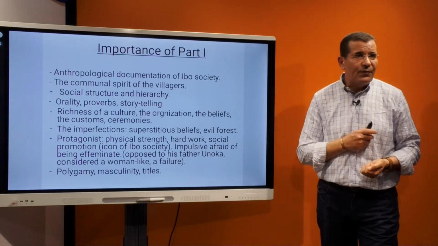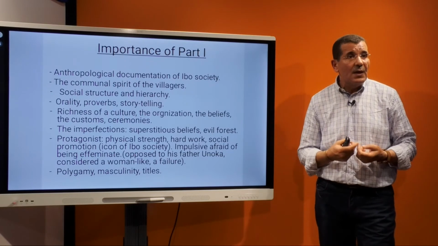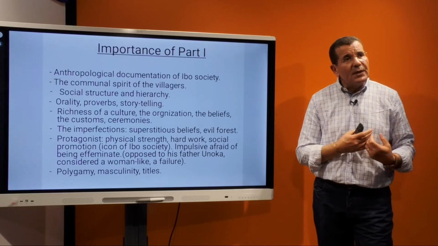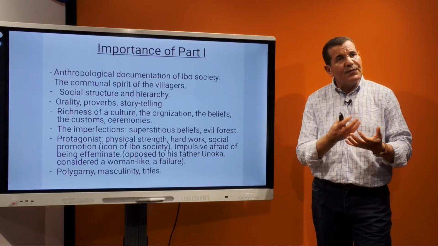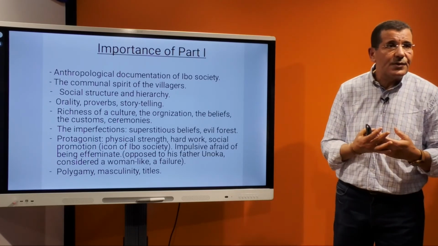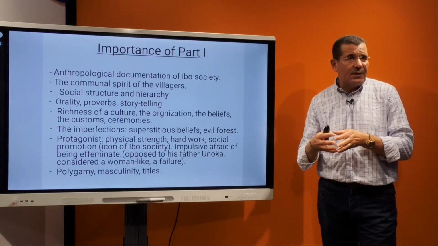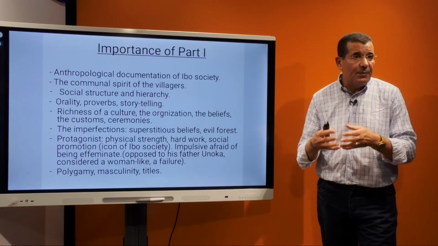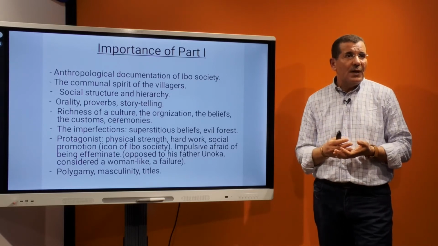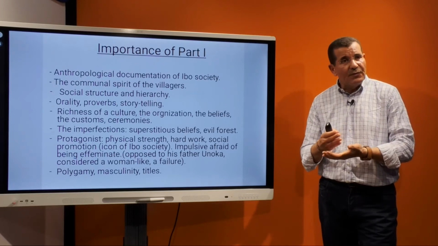Besides the imperfections, superstitious beliefs, the evil forest, and while doing that, the protagonist, Okonkwo here, has physical strength, hard work, social promotion, which is an icon of Igbo society, which is positive. However, with impulsive characteristics, he is afraid of being effeminate, and opposite to his father, because his woman-like failure is one of the negative parts of the story.